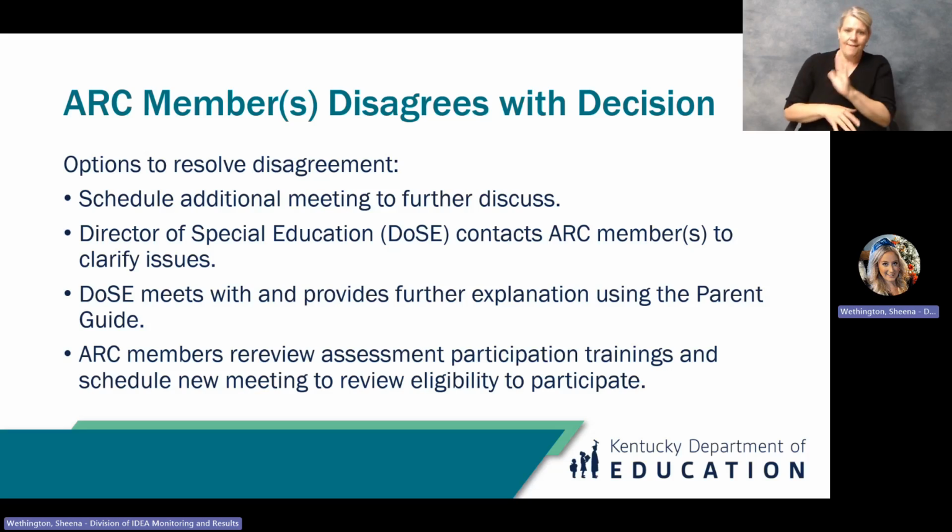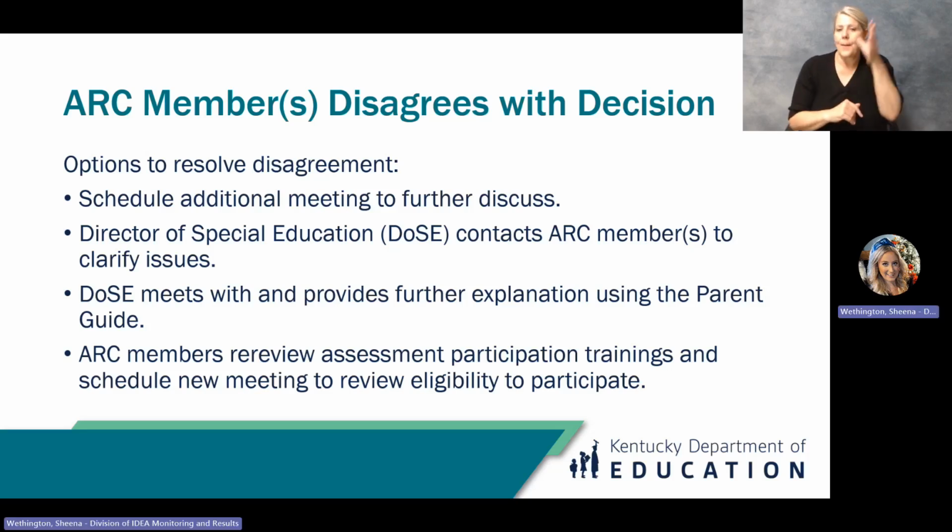Prior written notice should be documented on the conference summary and must include all of the following: description of the action proposed or refused by the district, an explanation of why the district proposes or refuses to take action, a description of each evaluation procedure, assessment, record, or report the district used as a basis for the proposed or refused action, a statement that the parents of the child with a disability have protection under the procedural safeguards, and if the notice is not an initial referral for evaluation, the means by which a copy of the procedural safeguards can be obtained.